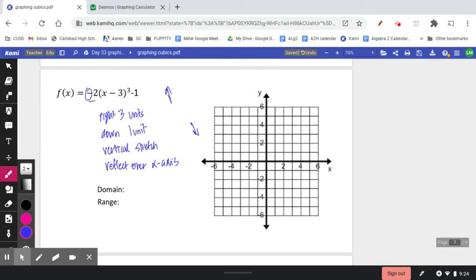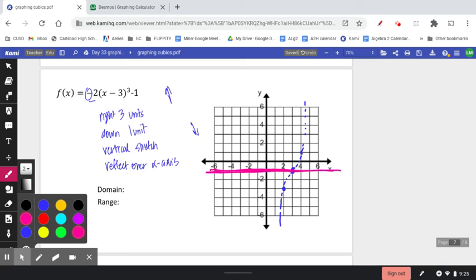All right, let's see what this looks like here. We're going right 3 units, down 1 unit. So from here, I need to do 2 things. I need to first do my vertical stretch. So over 1, up 2. And now you can throw in the reflection, or you can graph it first and throw in the reflection later. But basically, this is my graph here. The only thing is I need to make it kind of do the opposite and go up on the left. So I'm going to reflect each of these points kind of around this line here.